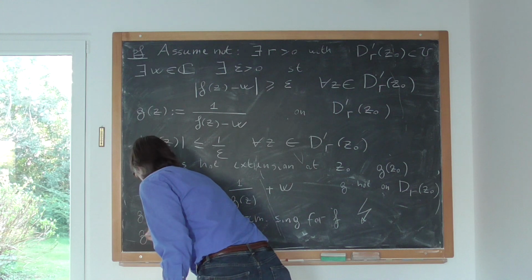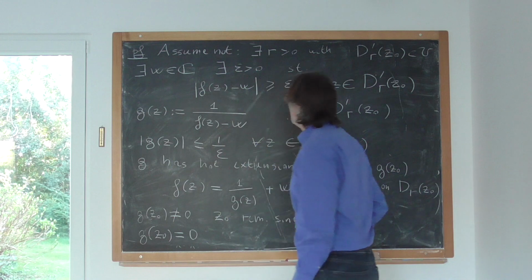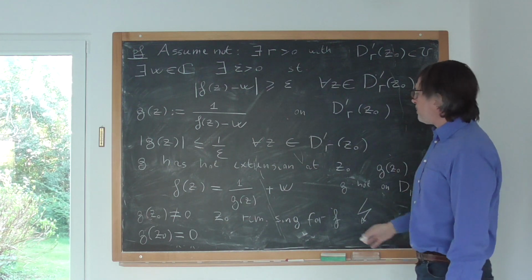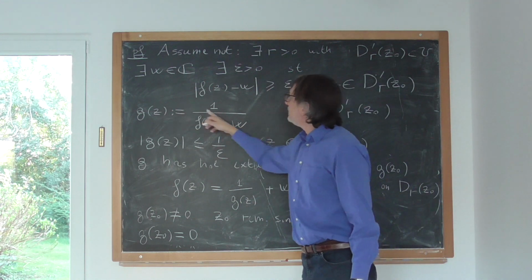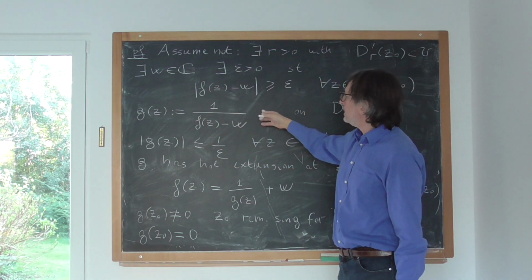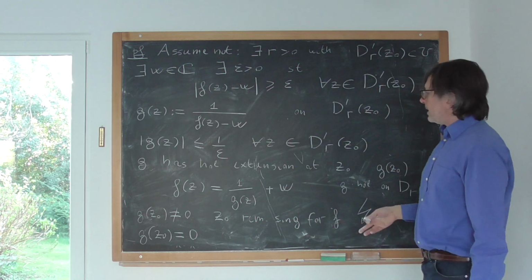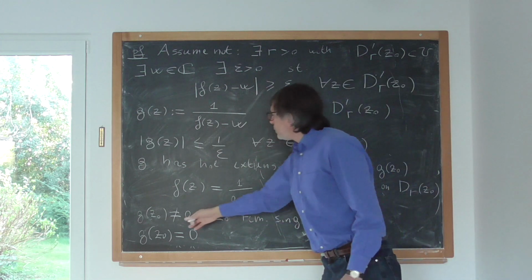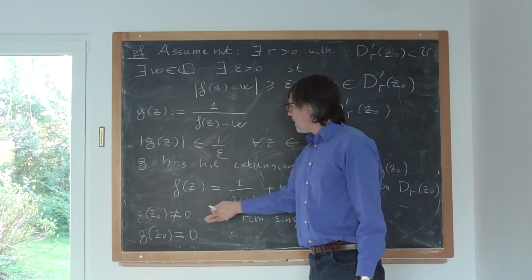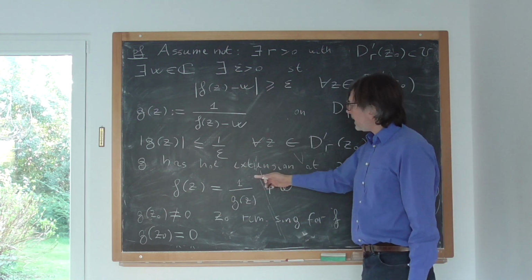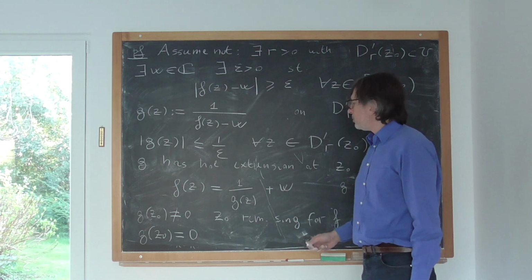The other possibility instead is that g of Z0 is 0. This, of course, is possible, but notice that g is not identically 0, because for z different from Z0 it is for sure not 0. And therefore, Z0 in this case would be an isolated 0 of the function g, and we just proved that in this case 1 over g would have a pole at Z0.